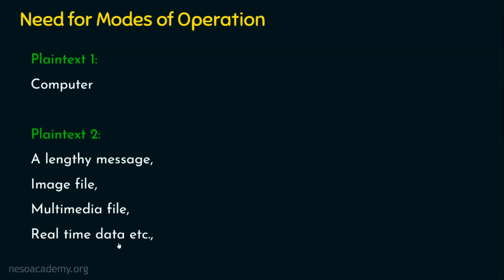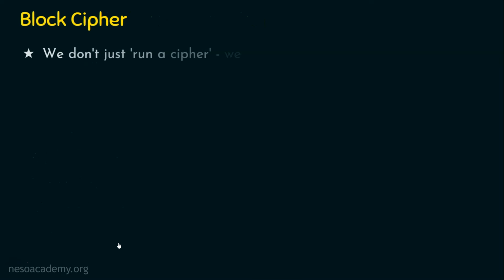We have now understood the need for having modes of operation. Let's understand this formally as well. It's clear that we are not going to run just an encryption algorithm, rather we are going to have the modes of operation. So we don't run just a cipher. A cipher means an encryption algorithm. So we are not going to run only a cipher, rather we are going to use a mode of operation.